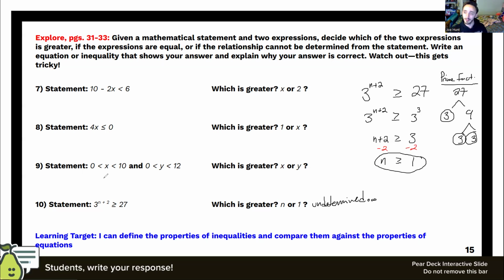But I want you to think about the logic, right, of how we're making these determinations. We're considering all the possible cases. We're trying to figure out what's happening on both sides of an inequality. And we sort of started this activity by thinking about what's fair game in terms of operations, right? Can I add and subtract? Can I multiply and divide? Does the truth value change? Does it stay the same?